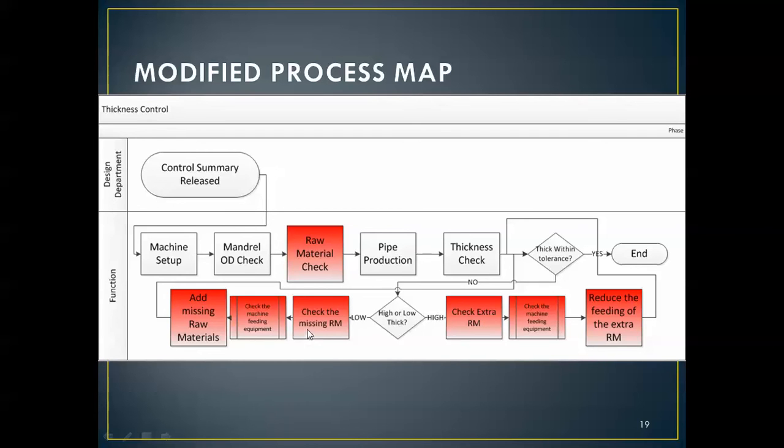We need to check, and we can do this either by testing the material composition of the pipe, and QC will help in that, or by checking the machine feeding equipment. Sometimes something is stuck in the equipment itself. Sometimes the feeding equipment is not working properly. So there are so many causes that might affect the material consumption. And then we add and reduce the raw material based on the checking results.